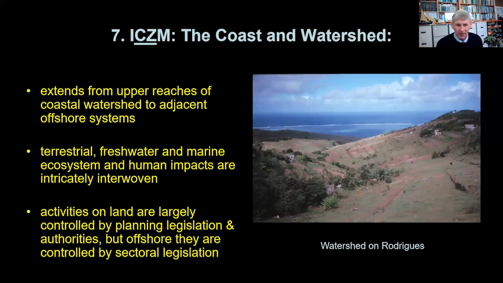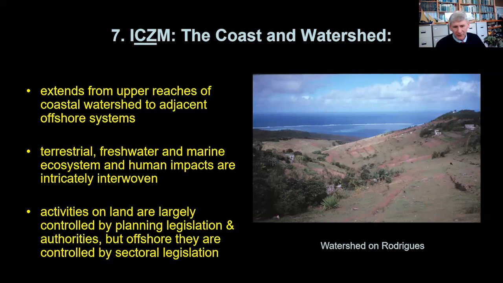Now, activities on land are largely controlled by planning legislation that many are familiar with, and there is ownership of land. But offshore, we tend to have planning managed and controlled by sectoral legislation. So it varies in different countries. Clearly in the UK, we have the Crown Estate involved with the immediate coastline, and we have territorial limits as well.